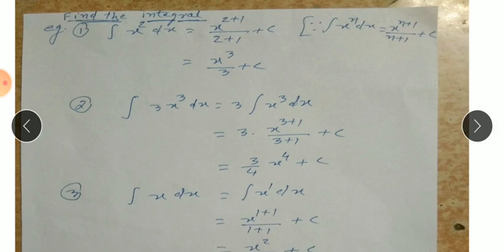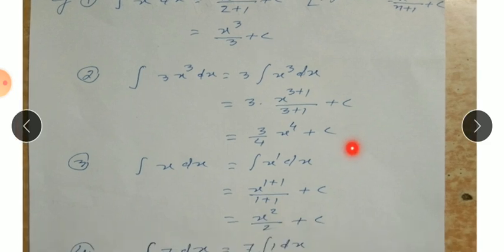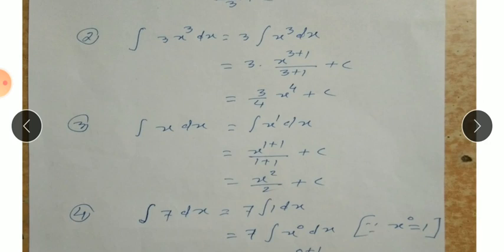Integration x dx is equal to integration x raised to 1 dx, since nothing is in the power means the power is 1. Again apply the same formula, x raised to n plus 1, n is replaced by 1, x raised to 1 plus 1 upon 1 plus 1 plus the constant of integration, which is x square upon 2 plus c.